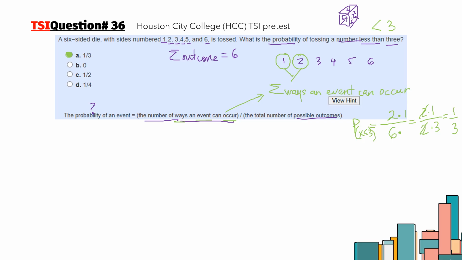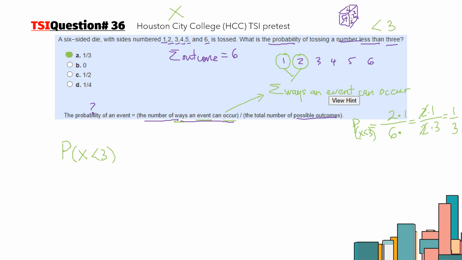So we say the probability of tossing a number less than 3, I call the event X. The probability is labeled P of X, when X is strictly less than 3.